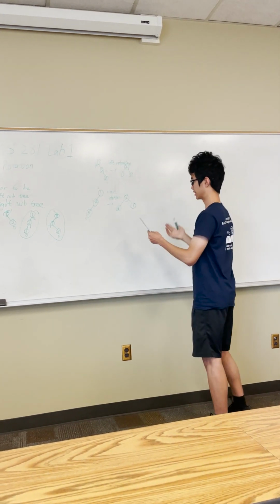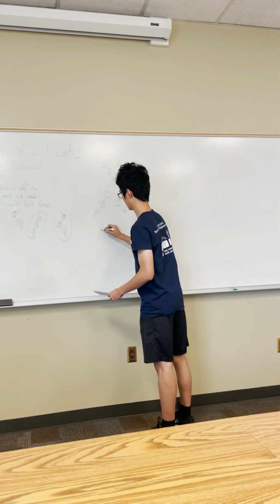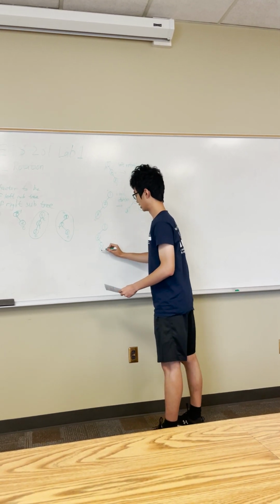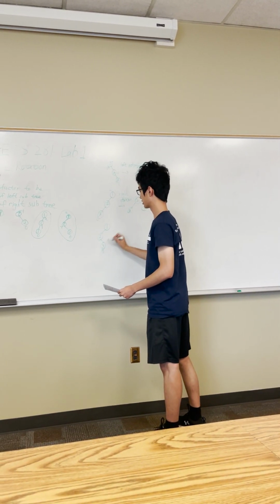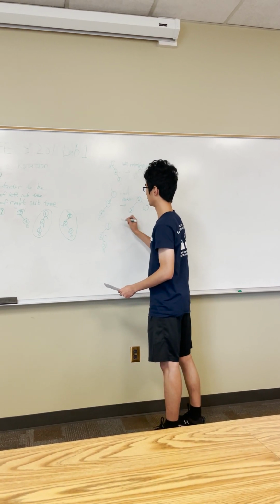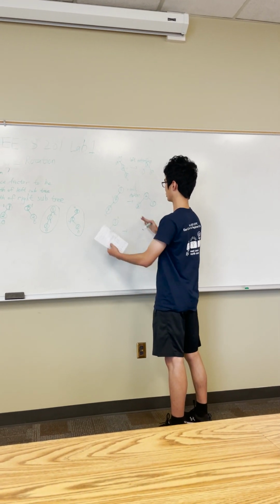Let's see more complicated examples. What about the zigzag one? We can calculate its balance factors. This is 1 and this is 0, -1, and 2. So what if we just adopt the right rotation?